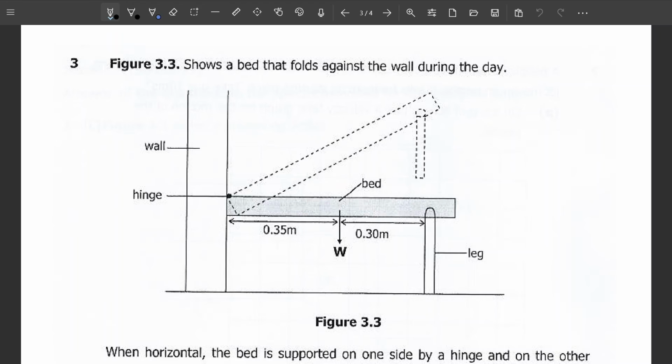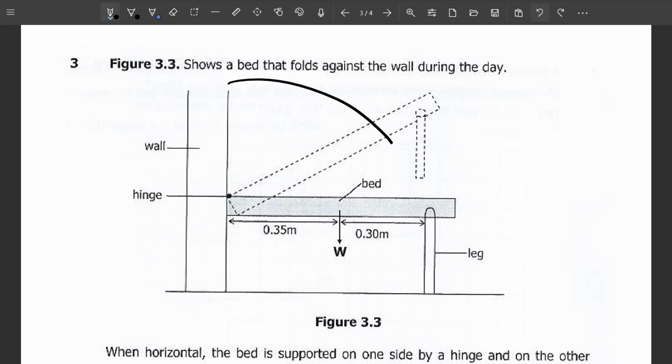So this question is already coming from moments, and we have a bed, so study it. You have the wall, the hinge, then we have the leg of the bed. Okay, so the bed, when it is folding, it goes like this, then it folds. So we have a pivot there.